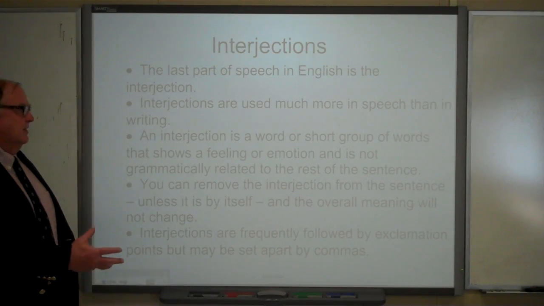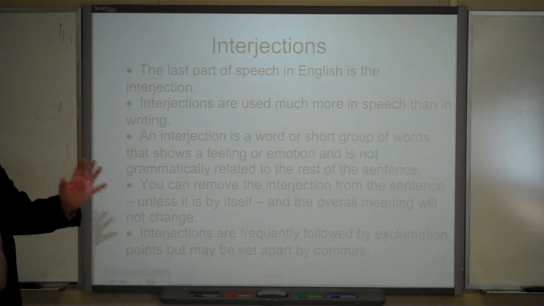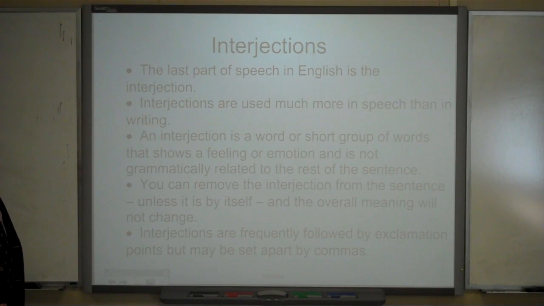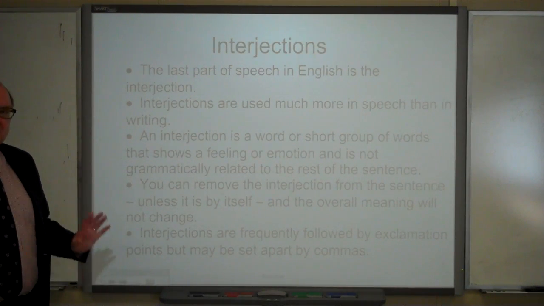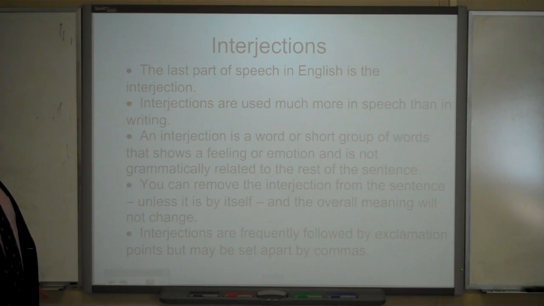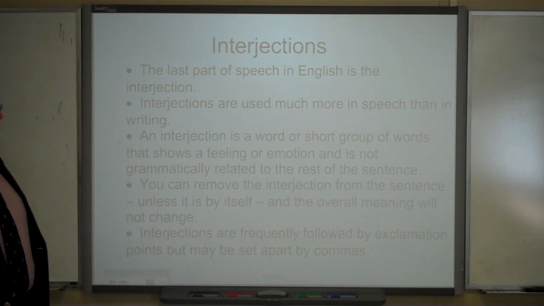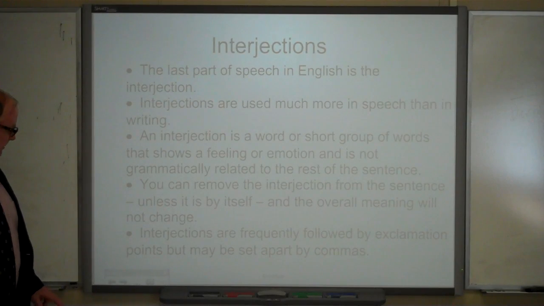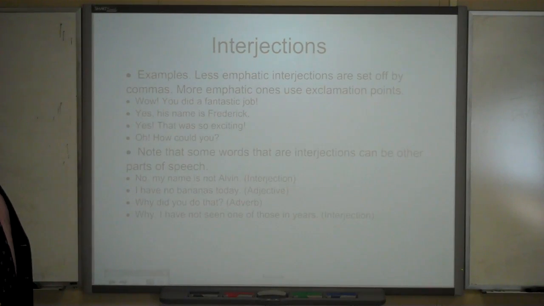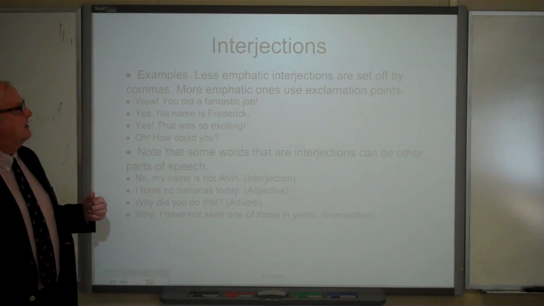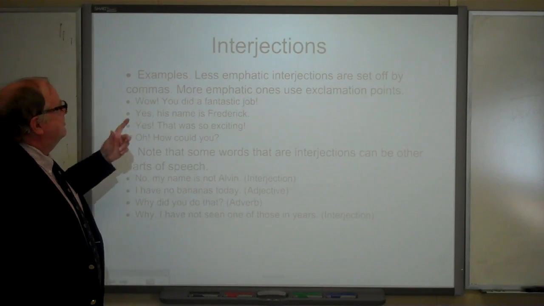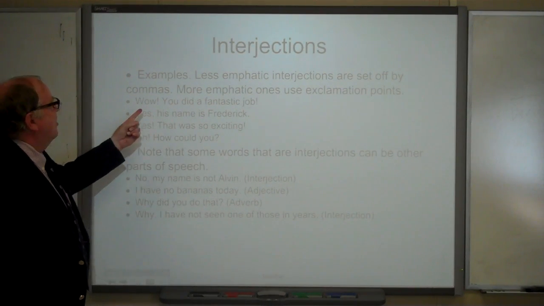You can remove the interjection from the sentence unless it's by itself, and the overall meaning does not change. Okay? No grammatical function or relation. Interjections are frequently followed by exclamation points, but may be set apart by commas, depending on how forceful they are. So, less emphatic interjections are set off by commas, more emphatic ones use exclamation points.